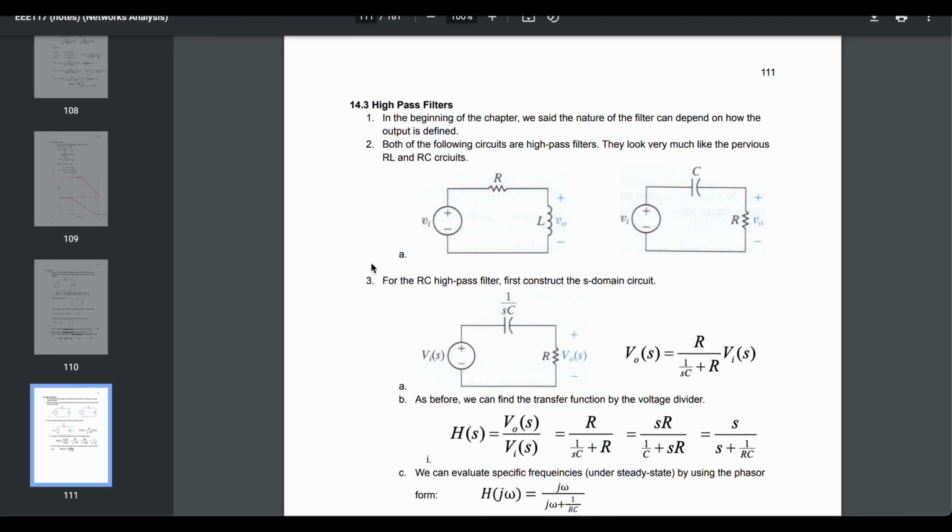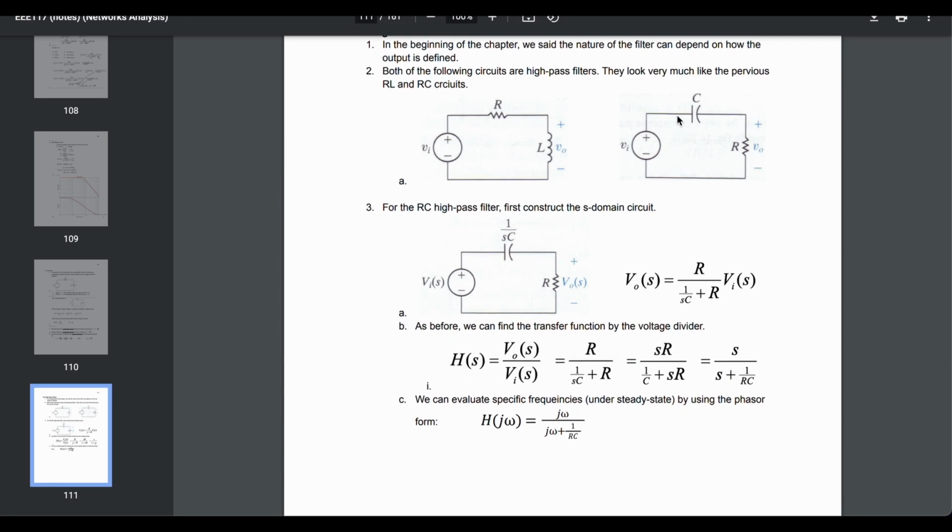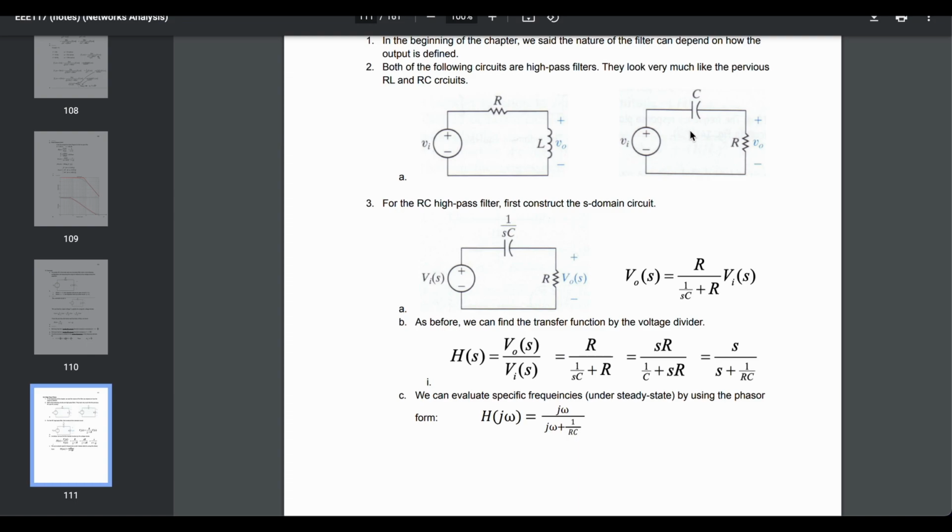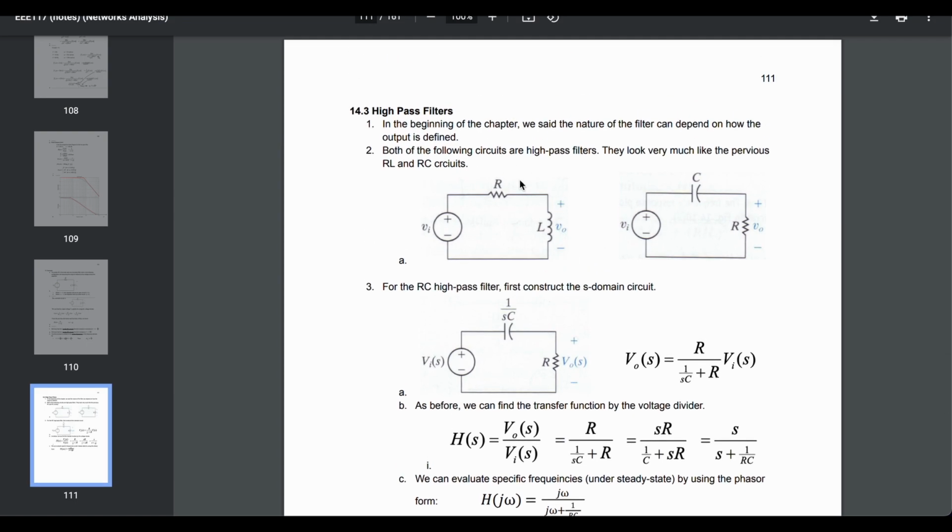So if we look at the notes linked below the like button, we are going to see high pass filters, and they look something like this. Now, there are different ways they can look with RL or RC or CR, however you're memorizing it. They're very similar to previous low pass, but these are high pass.